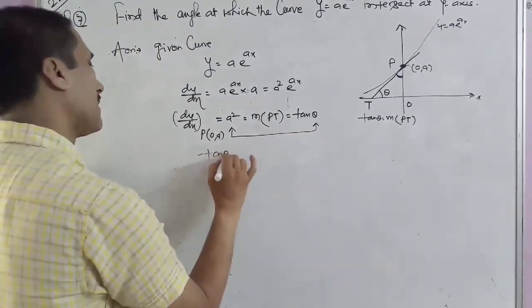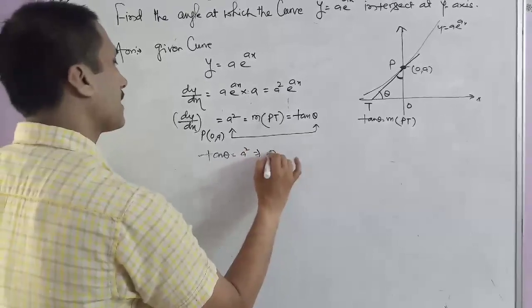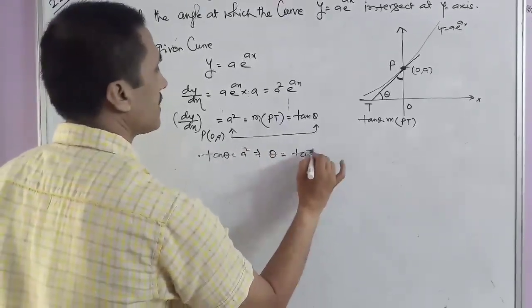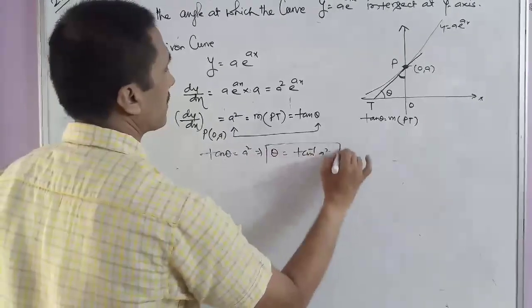So tan theta equal to a square, theta equal to tan inverse a square.